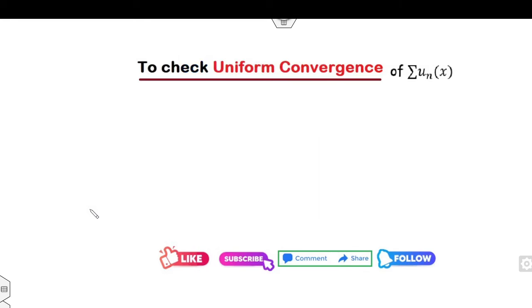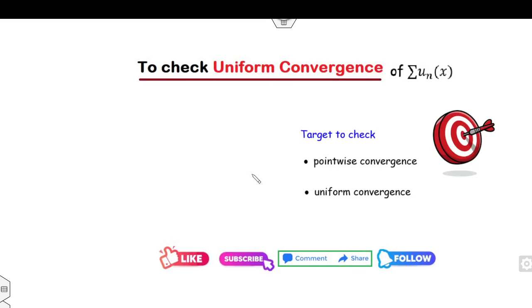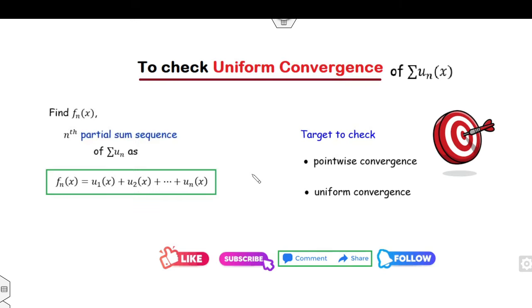Now, how can you check the uniform convergence? Remember students, whenever there is a question to examine the uniform convergence of the series, or to test whether the series is uniformly convergent or not, your first target is always to examine these two points, pointwise convergence and uniform convergence. So how can you check pointwise and uniform?